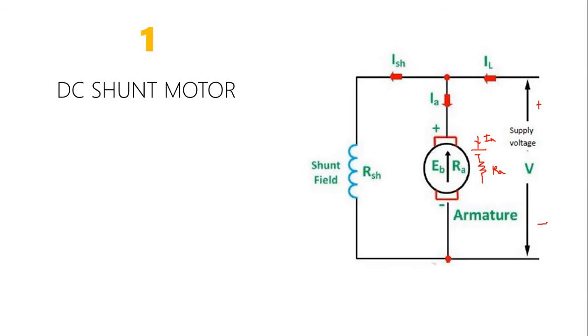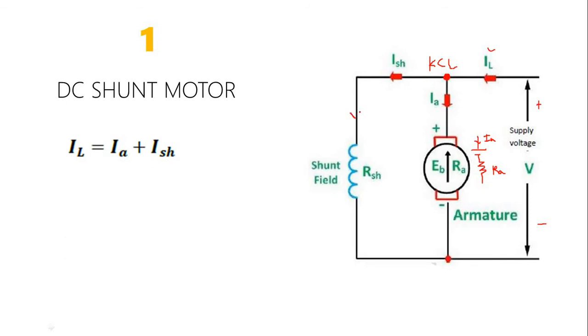For the voltage and current relations, looking at this node, we apply KCL. We can write IL, the line current, equals IA plus ISH.